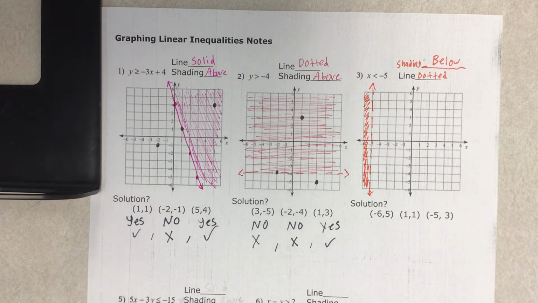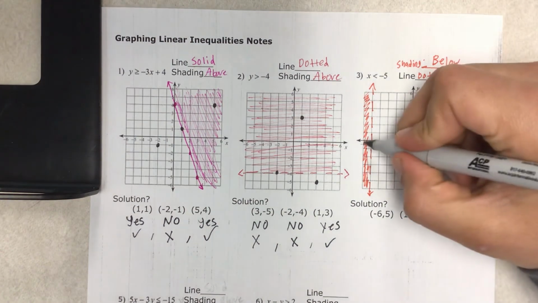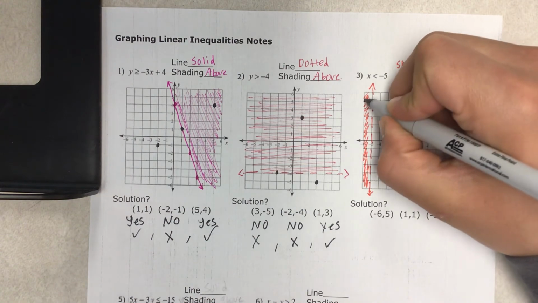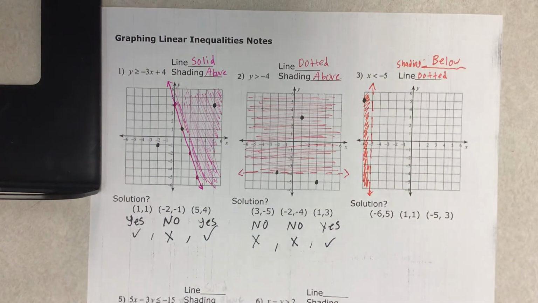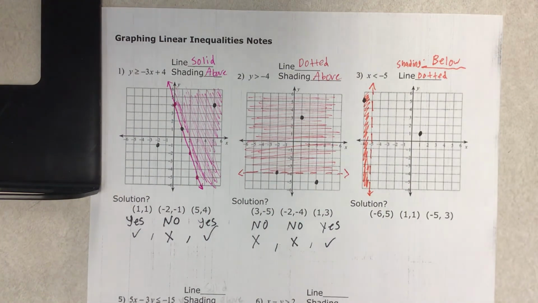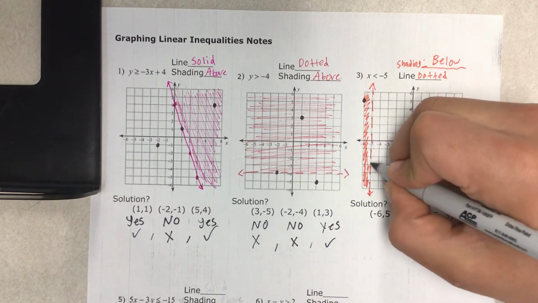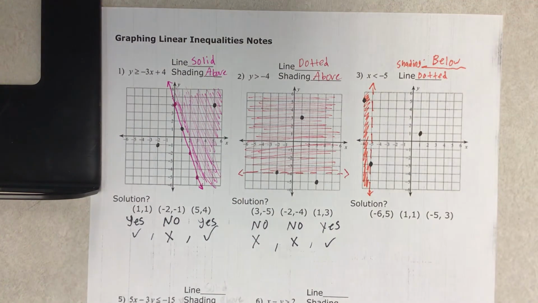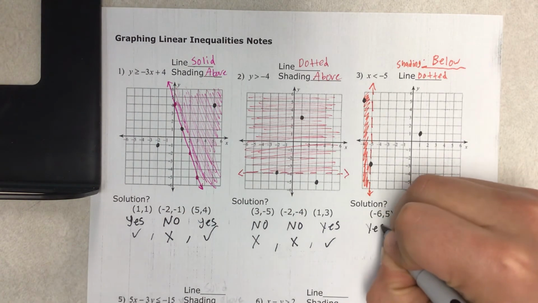Now we plot some points. So let's plot the point -6, 5. So -6, I go up to 5, right there. Next point, 1, 1, right there. And -5, 3, right there. All right, so let's see if they're solutions or not. So -6, 5, clearly in the shaded, that is a solution.